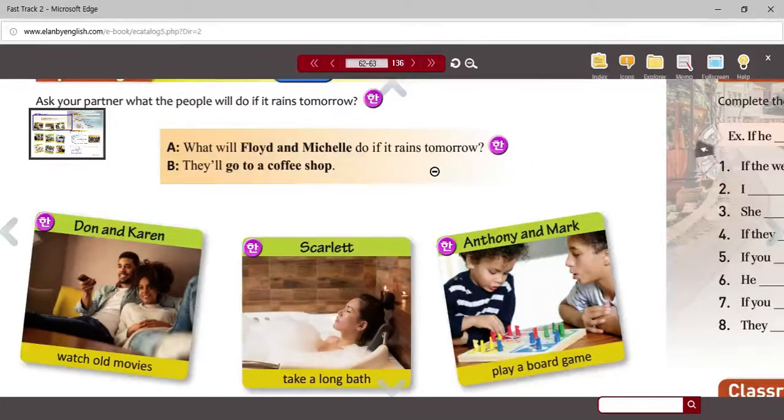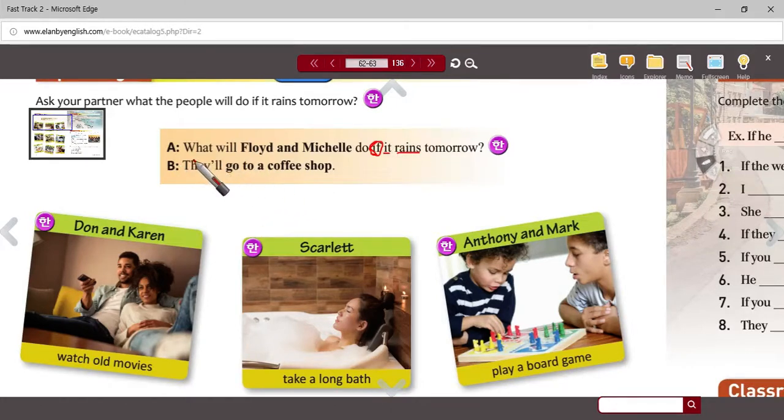So again, there's not much verb conjugation in this activity. Most of it would happen here, with the if clause, where you'd have a subject and a verb, and that's for the conjugation. So what will Floyd and Michelle do if I rain tomorrow, or if we rain? That doesn't make any sense, but you can see that's the change there.